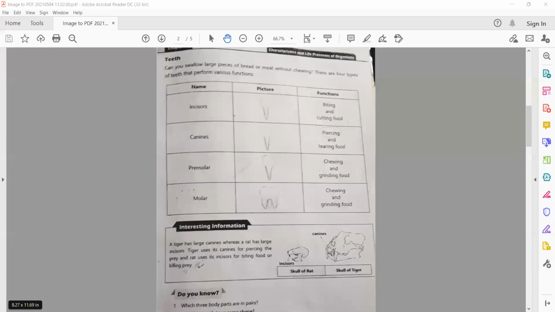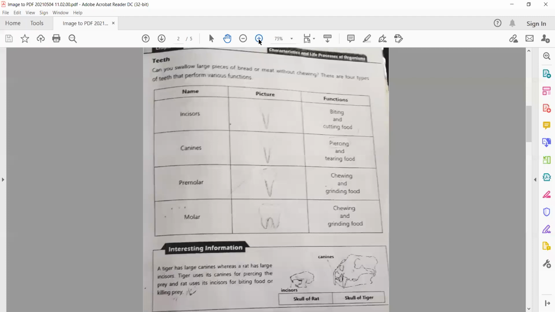Now canines, the canines are the pointed teeth beside your incisors. These teeth are also very sharp, so they are used for piercing and tearing the food. Premolars are bigger, flatter teeth at the back of the mouth used for grinding and chewing the food. And molars are also used for chewing and grinding the food.